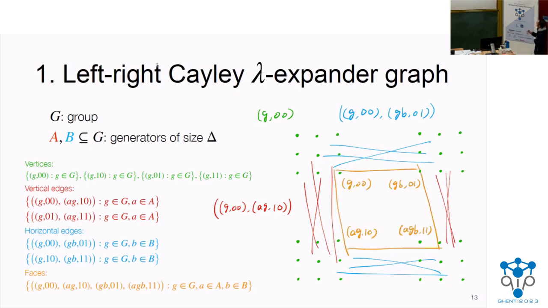So here the squares contain elements G, AG, GB, and AGB. So this construction is slightly different from the previous talk, which only has 1 copy of G. But for our proof to work, it's easier to think of it by separating it into 4 groups.